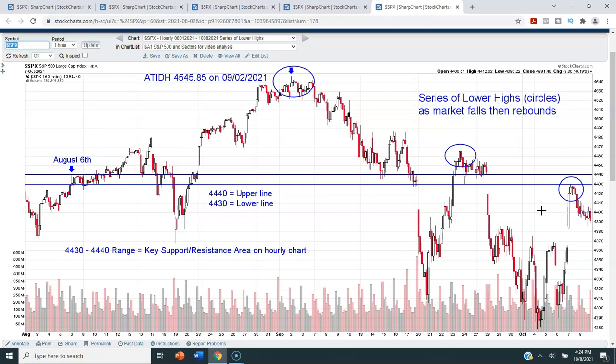So the question for next week: will we roll back over and make another lower low, and then possibly over the next week or two make another lower high and continue this pattern going lower? That is completely within the realm of possibility. Or, the market could get back above this 4430 and 4440 level and start, after a little over a month of correction here.